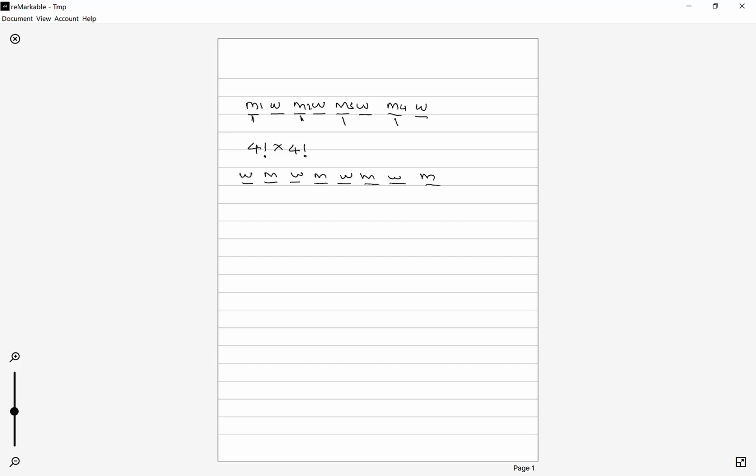Remember, if I shift all of the women, the conditions are still satisfied. The women are still in these alternate positions, but I can swap woman 1 and woman 2, for example. So that's again 4 factorial, and I can do the same with the men. That's 4 factorial. So you add these two, so the total number of such permutations is 2 times 4 factorial times 4 factorial.